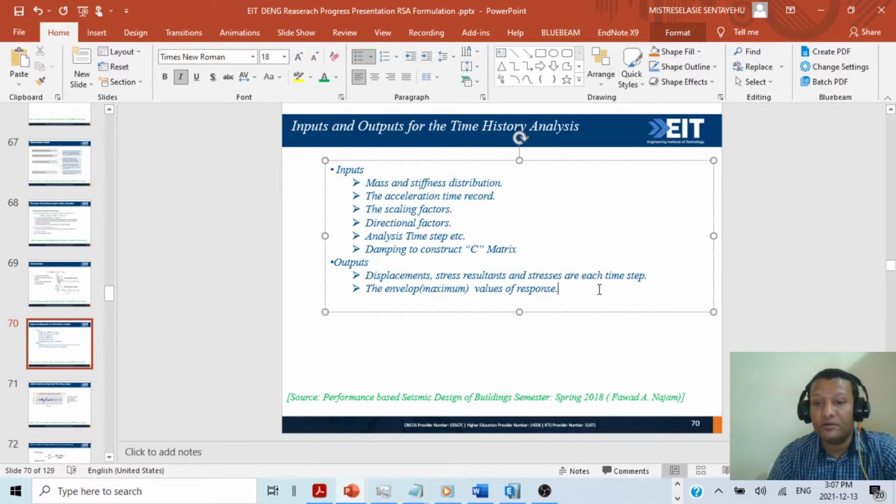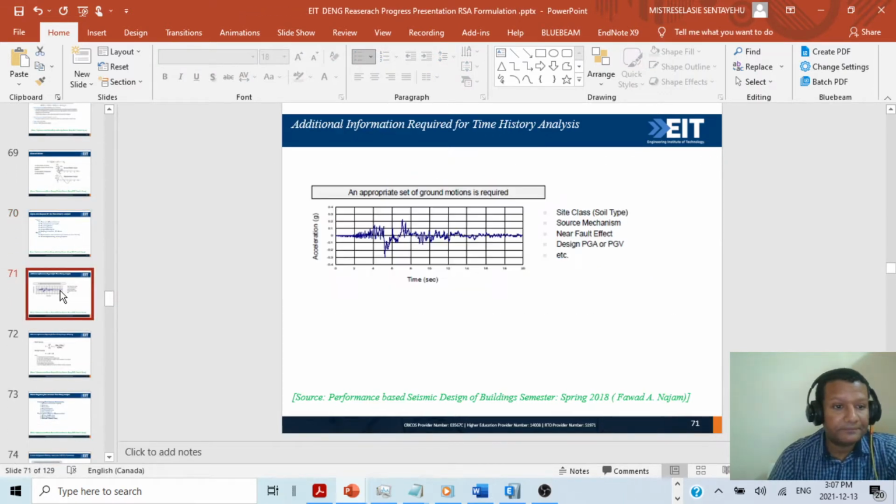The envelope value of response will be the output of our analysis. Additional information required for time history analysis: an appropriate set of ground motions is required.